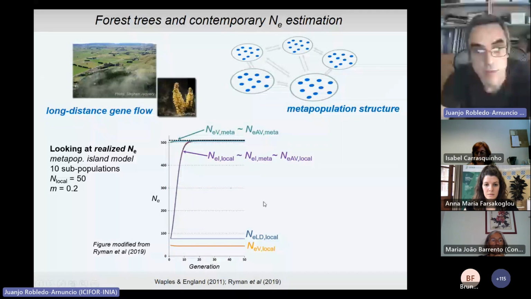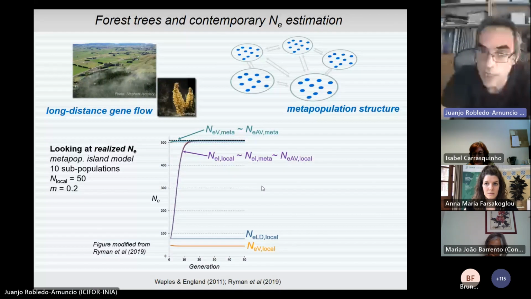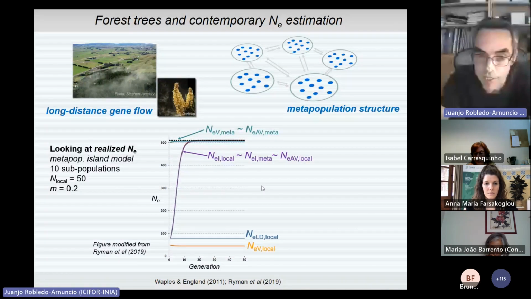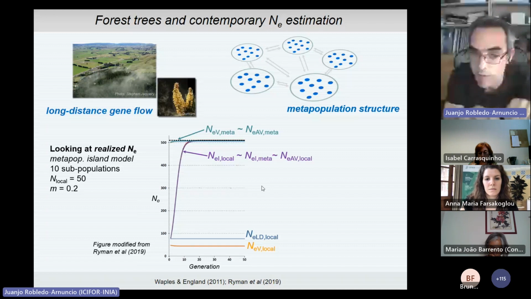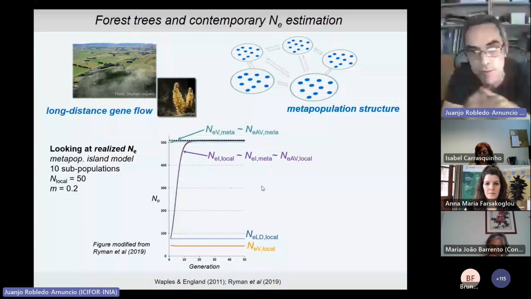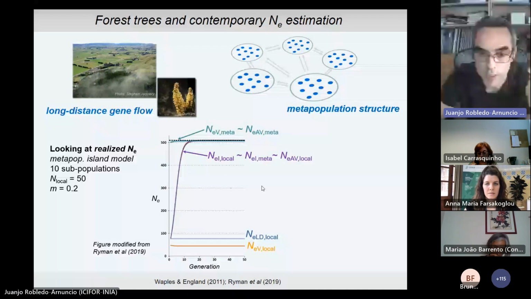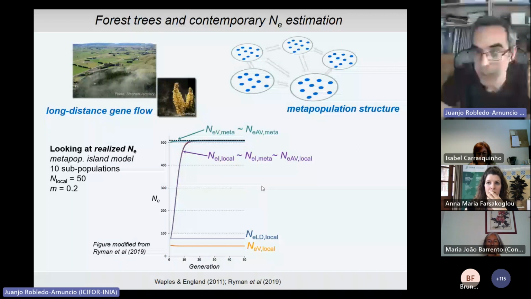By contrast, the linkage disequilibrium effective size and the variance effective size are much lower and remain close to the local census population size. What this means is that local inbreeding and local additive variance are determined not by local demographic processes, but rather by the entire demography over the metapopulation, okay? And on the other hand, linkage disequilibrium is more determined by local processes, okay?